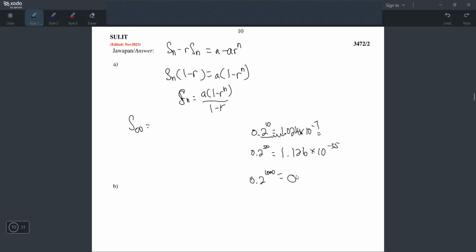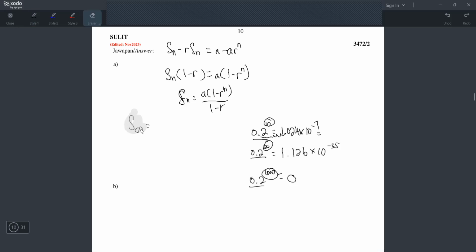What I'm trying to show you here is that when your power gets bigger, if your power is very big and your base is like 0 point something, you will end up with 0 eventually. So imagine now this n is infinity and your r is less than 1. So what do you think will happen here? It means this will be 0, right?